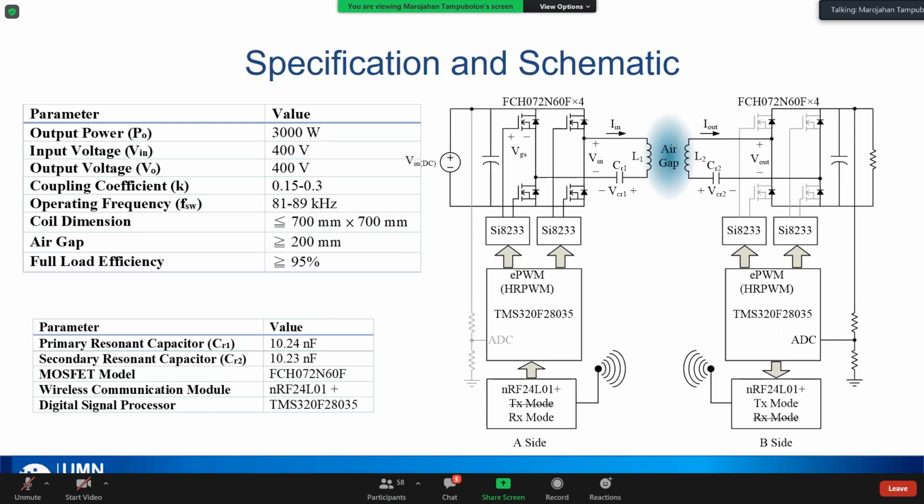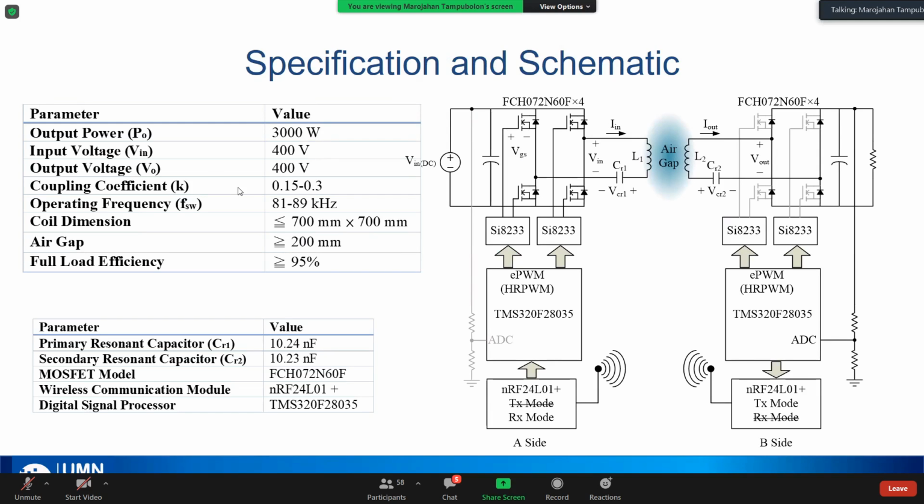So this is the full schematic of the system that we have built before. We have here the transmitter side, or we can say the A side or B side, because we want to test it in bidirectional mode. The A side and B side are actually identical, so the systems in A and B are almost the same. Okay, so these are the parameters.